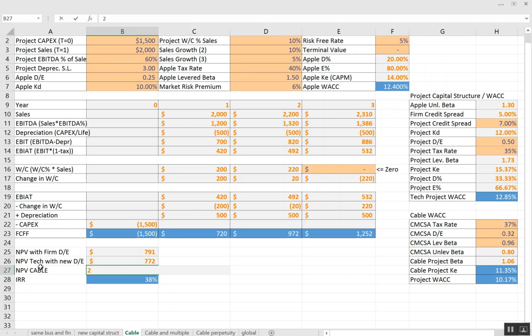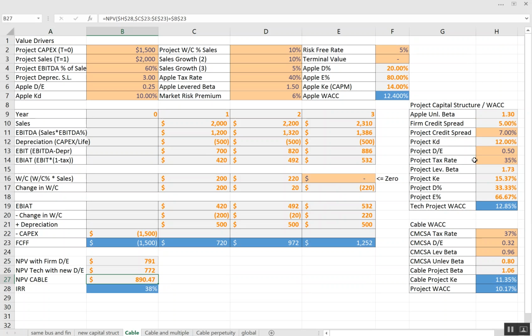So I can take my NPV formula and flip my discount rate down to here, so it's going to use 10.17%. Looks like cable's safer than tech. And I get an NPV of 890 for this investment in the cable industry by using Comcast's unlevered beta, but then using the project's D/E and cost of debt.